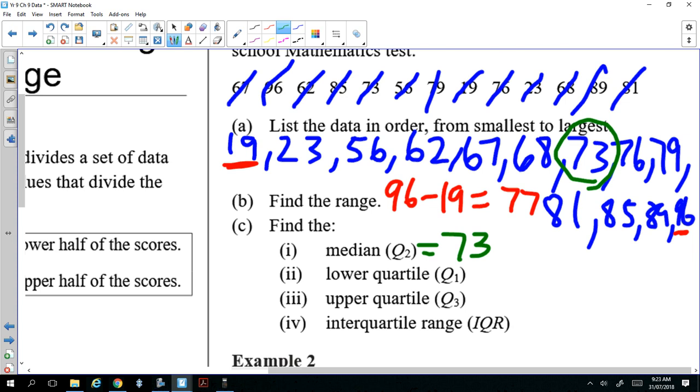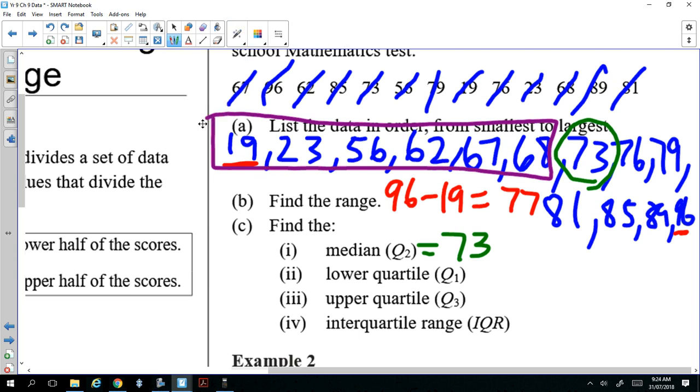Okay, then we find the lower quartile. Once you get the median, remember to exclude that. So what you need to do is draw a box here and find the middle of these scores. Let's get the magic pen again. First, last.